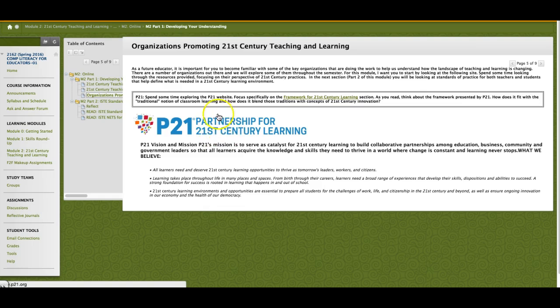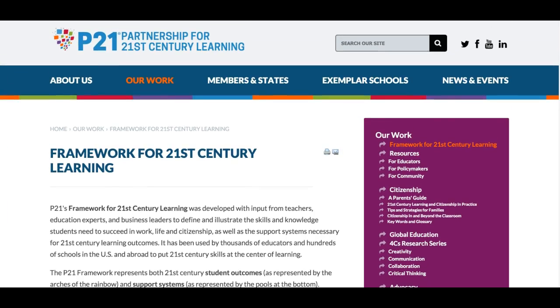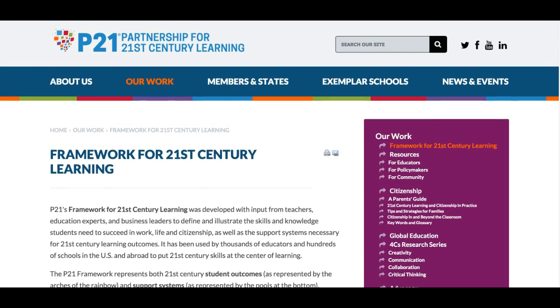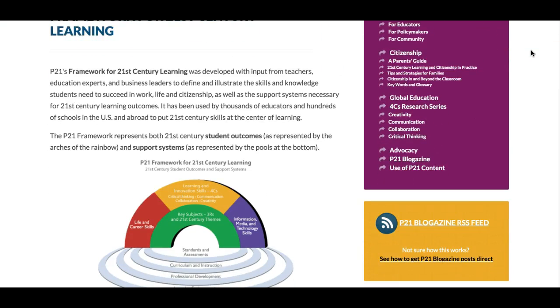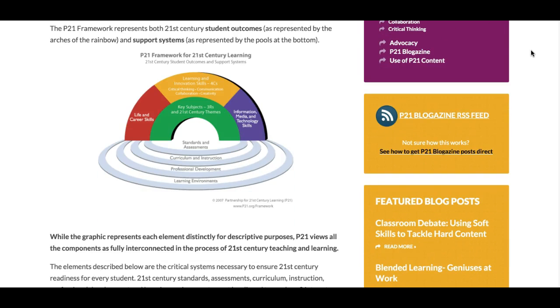So this is a link to the overall page, but if you want to go directly to the framework, you can click on that. So here is their framework for 21st century learning.